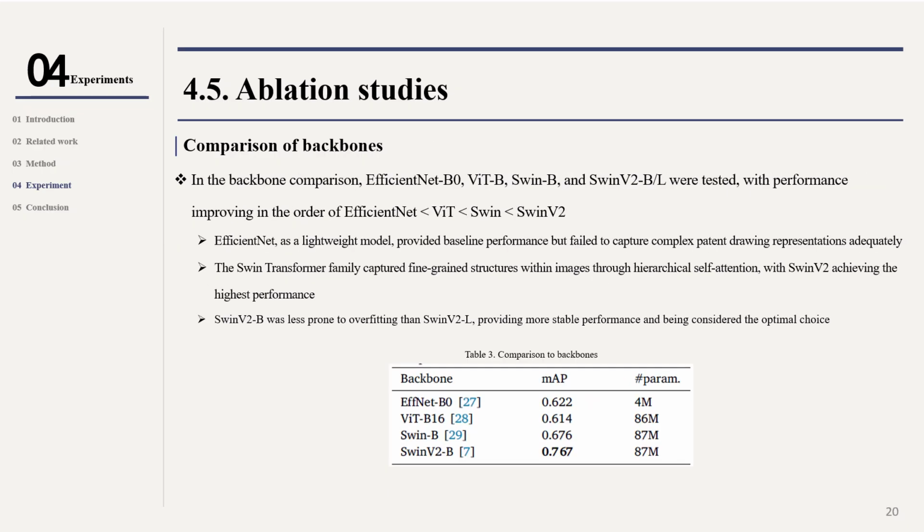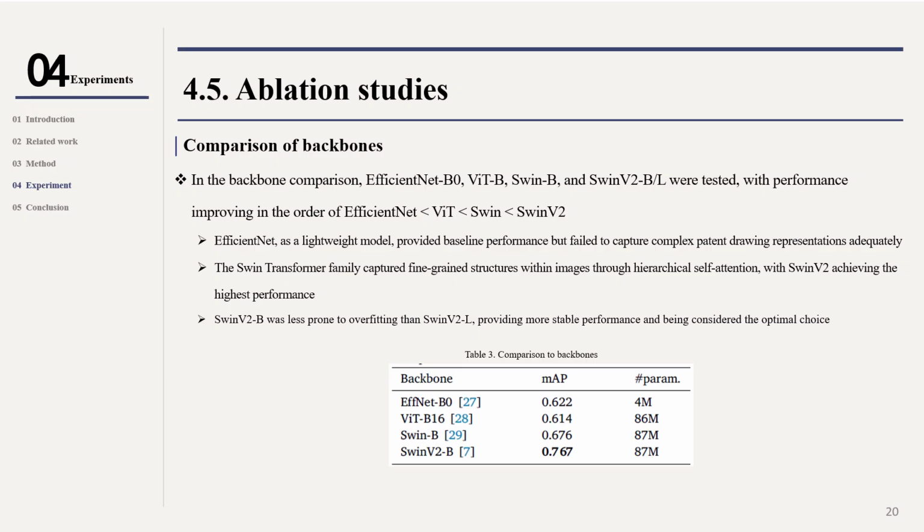As you can check in Table 3, for the backbone comparison, SwinV2 is the best performing backbone model. EfficientNet, as a lightweight model, provides baseline performance but fails to capture complex drawing pattern representations. The Swin Transformer family captures fine-grained structures within an image through hierarchical self-attention, with SwinV2 achieving the highest performance.